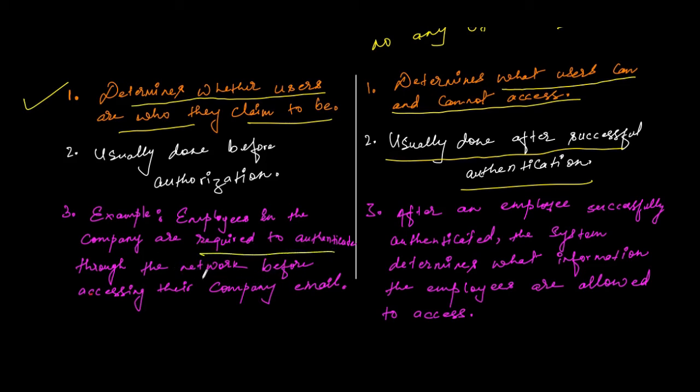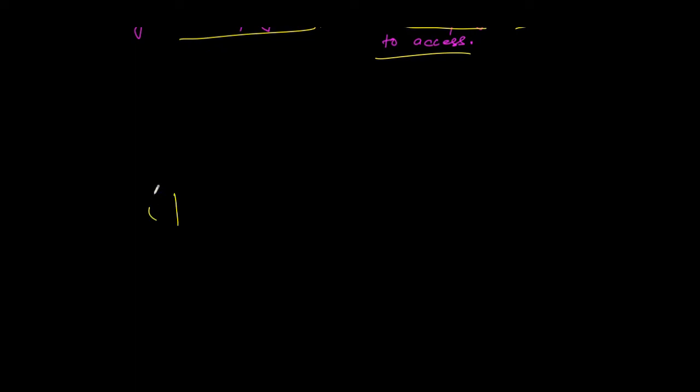Employees in the company are required to authenticate through the network before accessing their company email. I hope you have understood this concept easily. And when the employee has proved that yes, he is working in that company by putting in a password or fingerprint or through facial recognition, the system determines what information the employee is allowed to access.